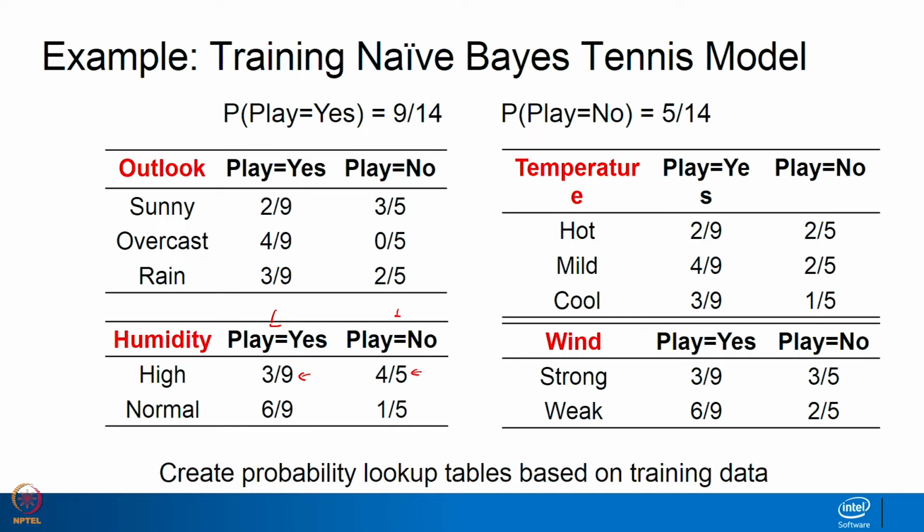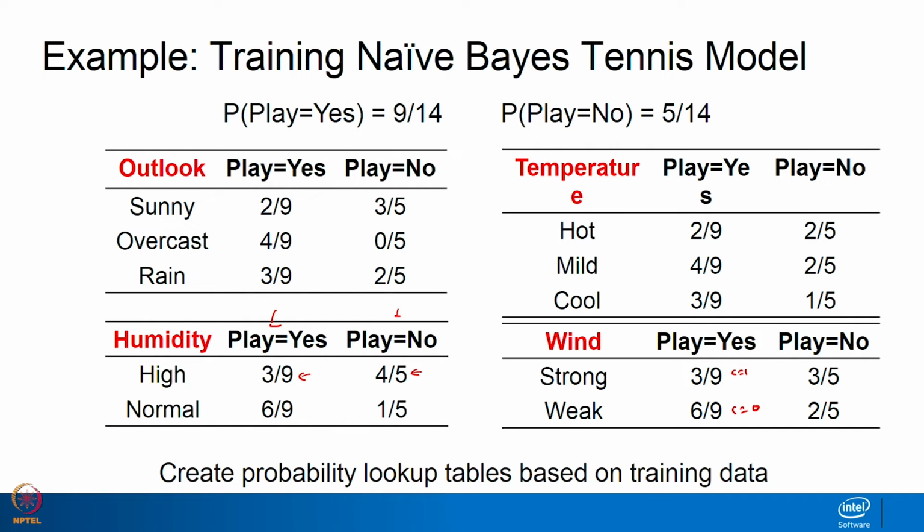A good exercise is to go back and see if you can do this calculation yourself. Similarly for wind being strong or weak: the probability of wind equal to strong given play equal to yes corresponds to C equal to 1, and play equal to no corresponds to C equal to 0. These are the calculations that you have to do.